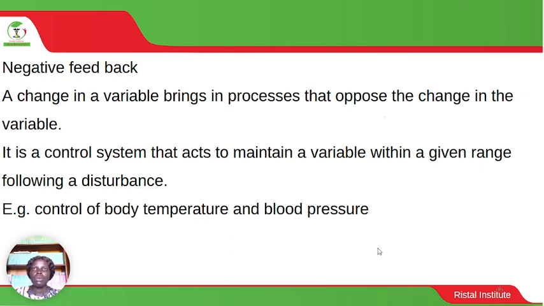When the body is highly in need of blood, the heart will increase its pumping of blood to make sure that all the body systems are supplied with enough blood for them to continue functioning.